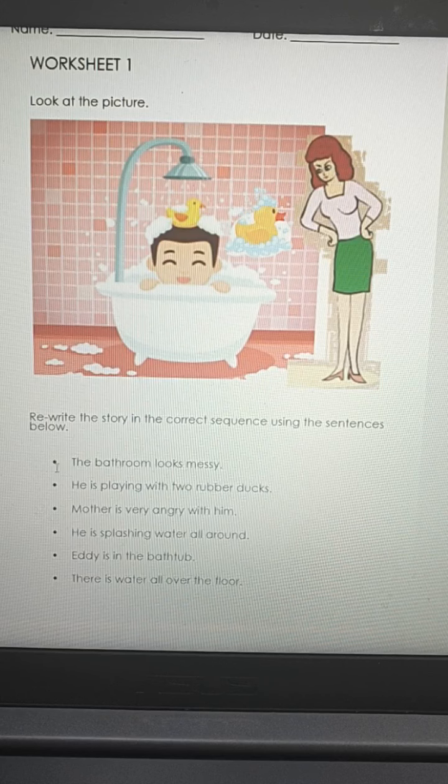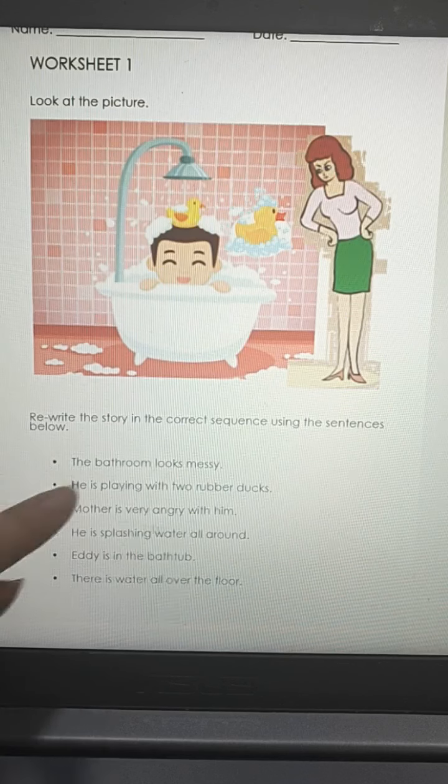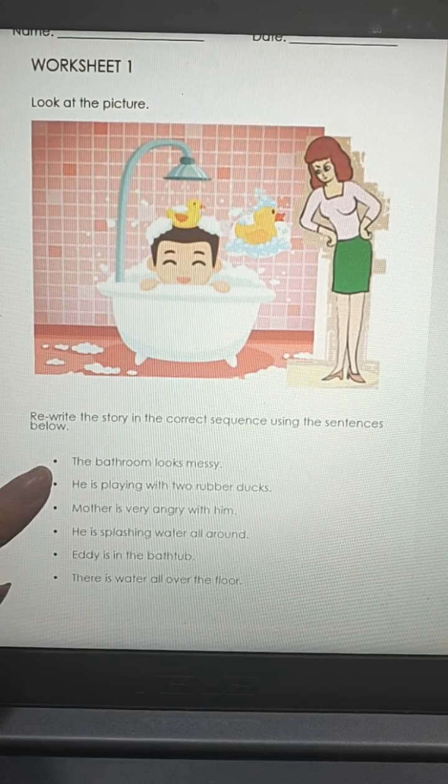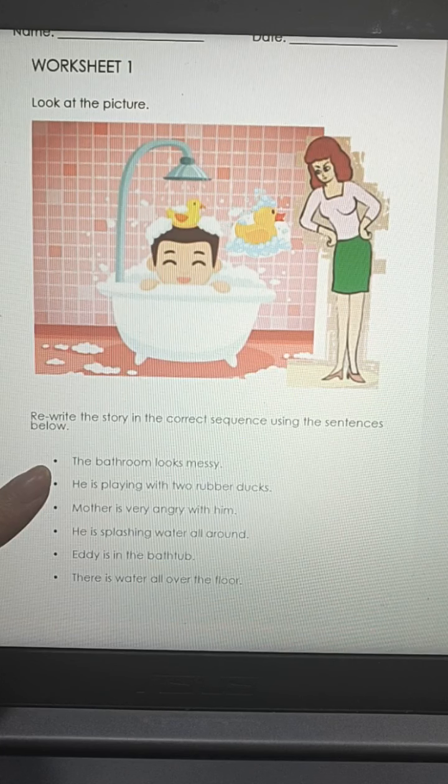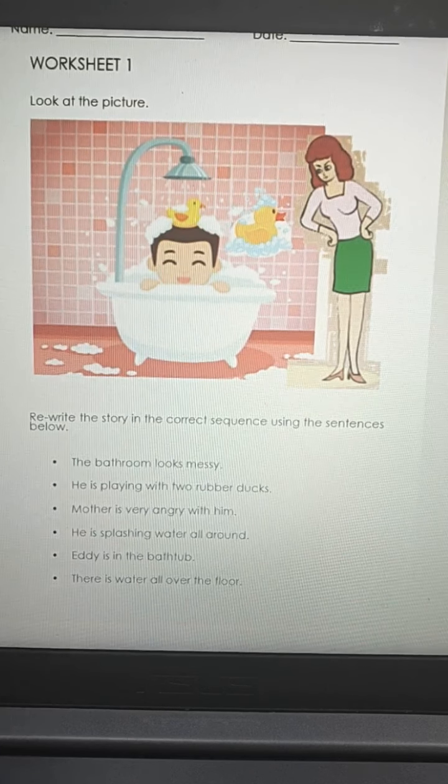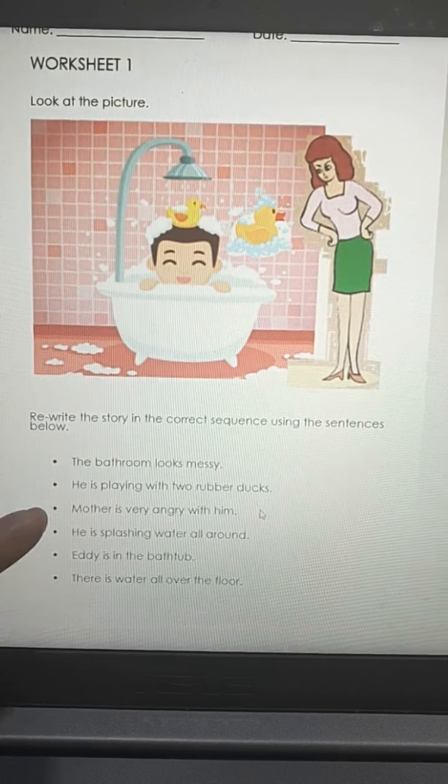The fifth one should be this. The bathroom looks messy. Write number 5 here. And the last one, so the bathroom is very messy, right? So mother is very angry with him. This one, mother is very angry with him. You write number 6 here.